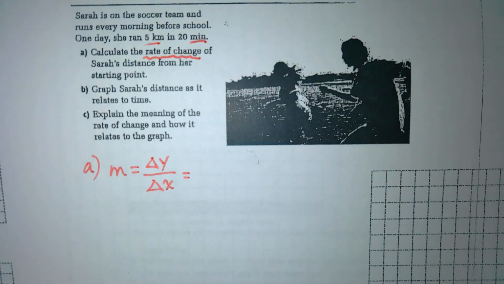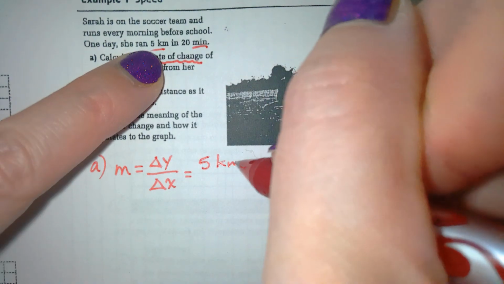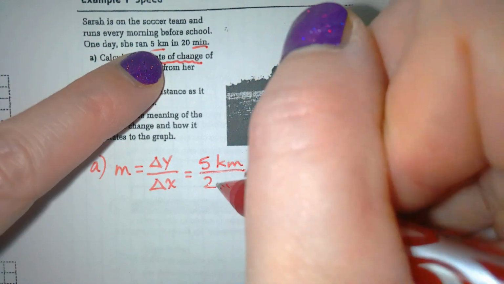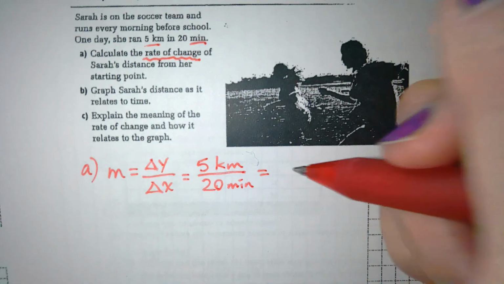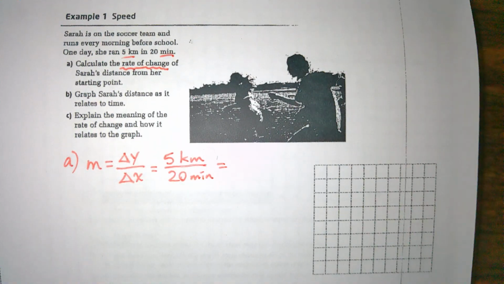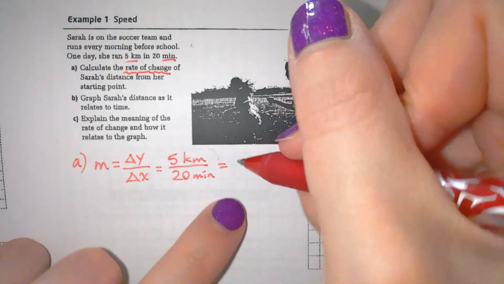Kilometers, minutes. Which one is your y? Kilometers, right? So 5 kilometers, 20 minutes. So when you divide it, what do you get? Yep, a quarter. Kilometers per minute. Perfect. Yes. Okay.